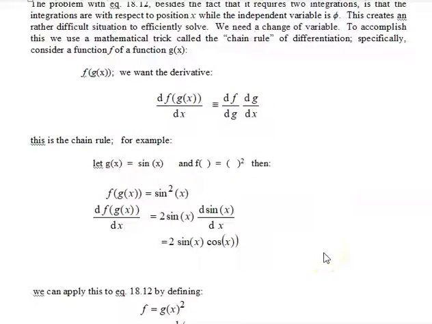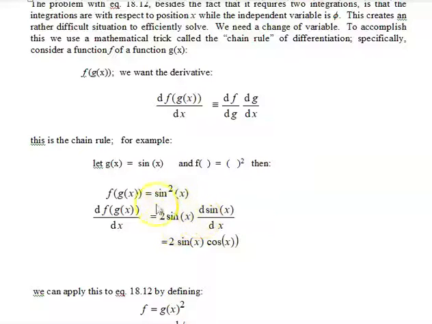So I give a little example here. Suppose we have the function g of x, which is equal to the sine, and the function f of whatever is the square. So whatever I put in to get f, I square it, and g is the sine. I want the derivative of f of g with respect to x. I take the derivative of f with respect to g, which is just 2 sine x.